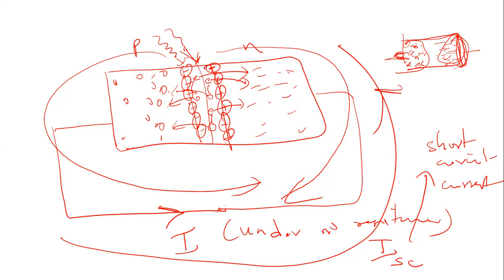So if you just join the positive side of the battery with the negative side of the battery by a conducting wire without any resistance, so this connection in which the positive terminal and negative terminal of the battery are joined together without any resistance is called a short circuit.